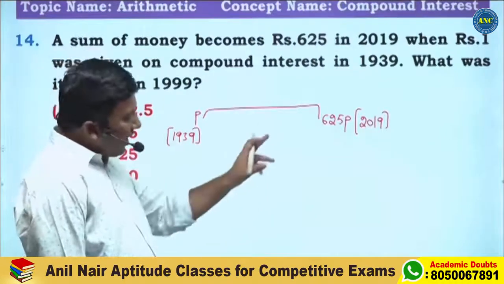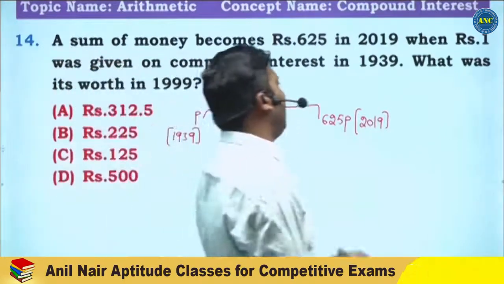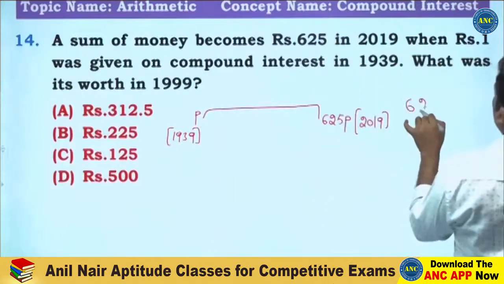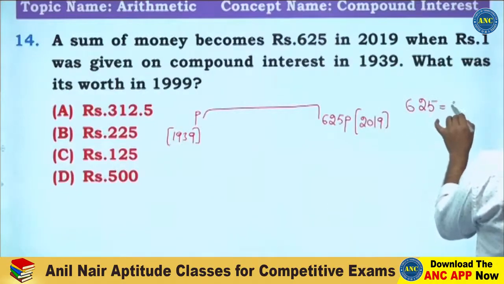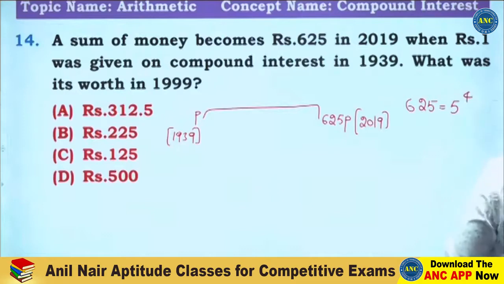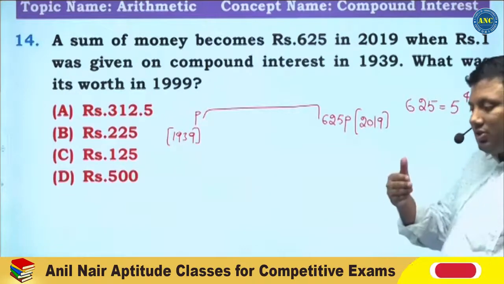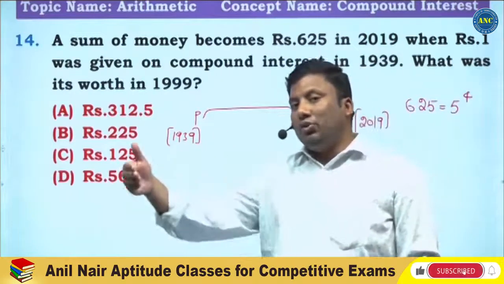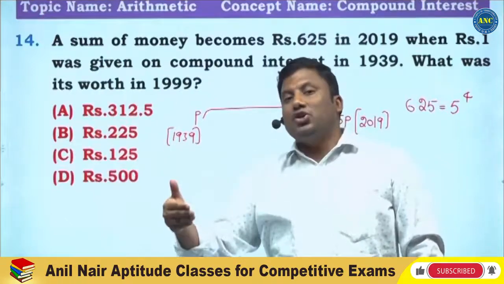First attack the amount 625. Write it down as a power of 5, which is 5 power 4. That means into 5 into 5 into 5 into 5. Time period should be the same.